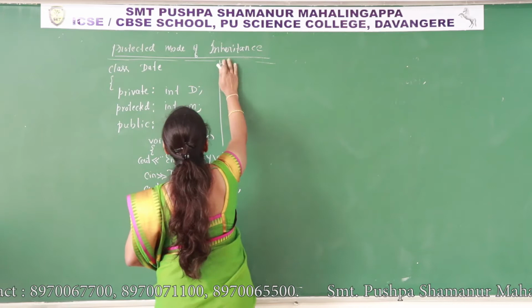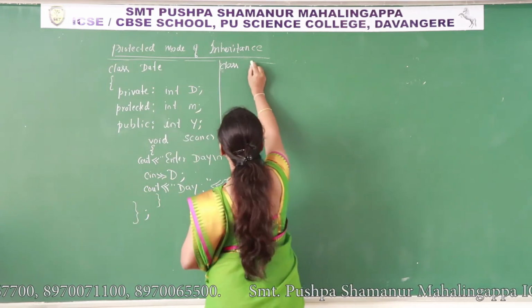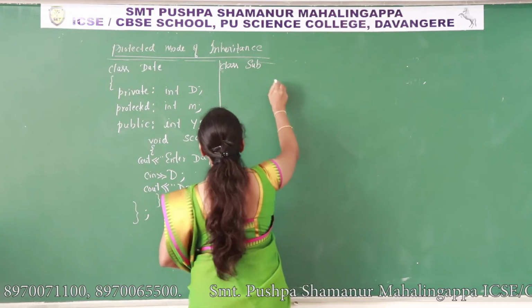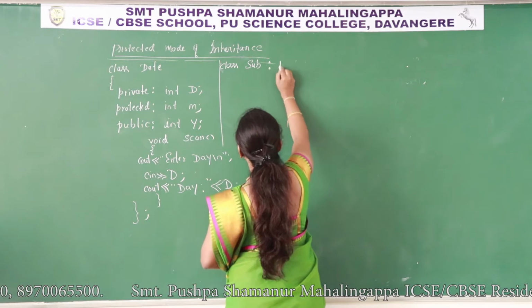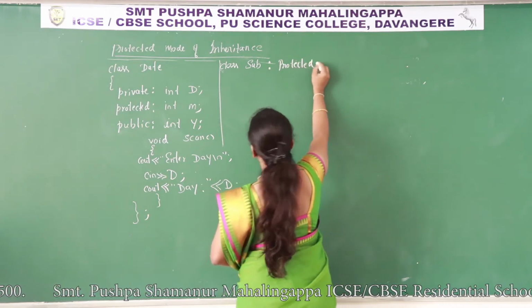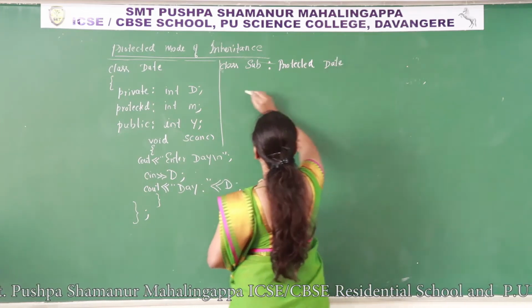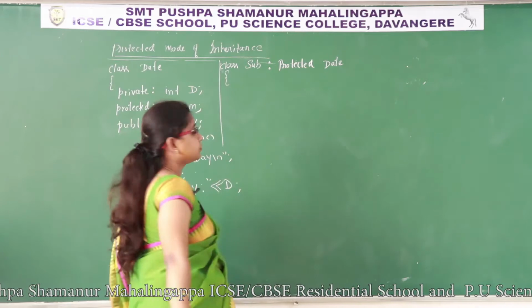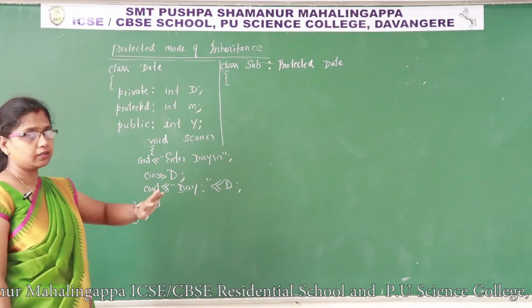I'll take class sub. Sub is a derived class of this class date, colon. Visibility mode is protected. Base class name is date. Then open flower bracket. So private members cannot be inherited.